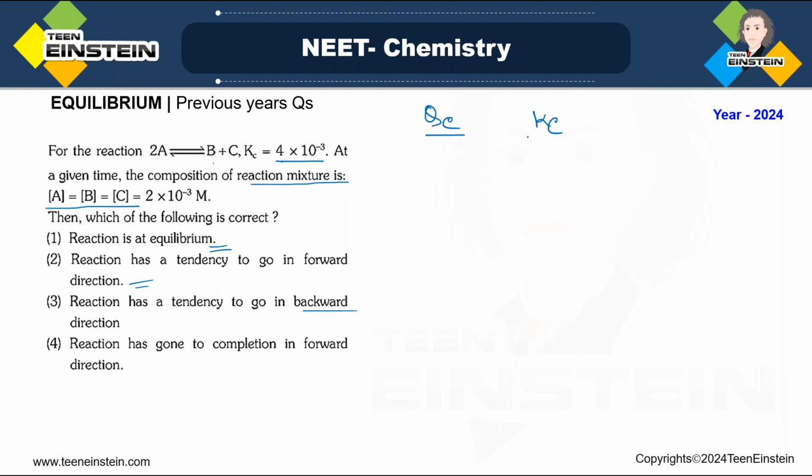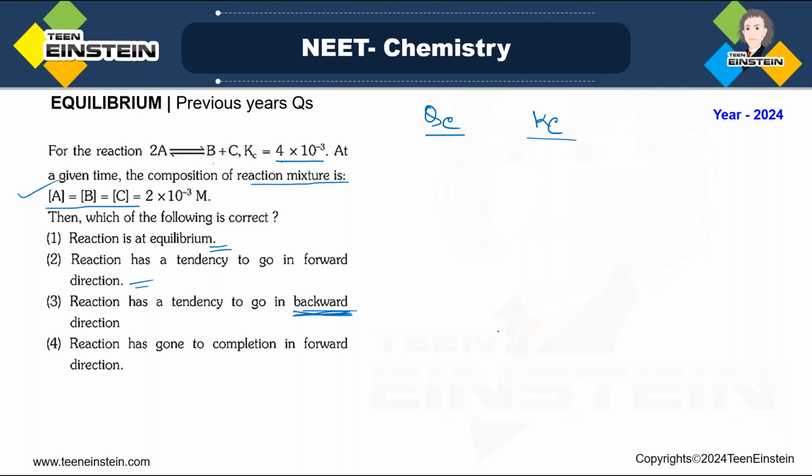When Qc is greater than Kc, the reaction will move backward. Similarly, when Qc is lesser than Kc, which you can calculate from the concentration values given, then the reaction will move forward, which means more product should be produced.